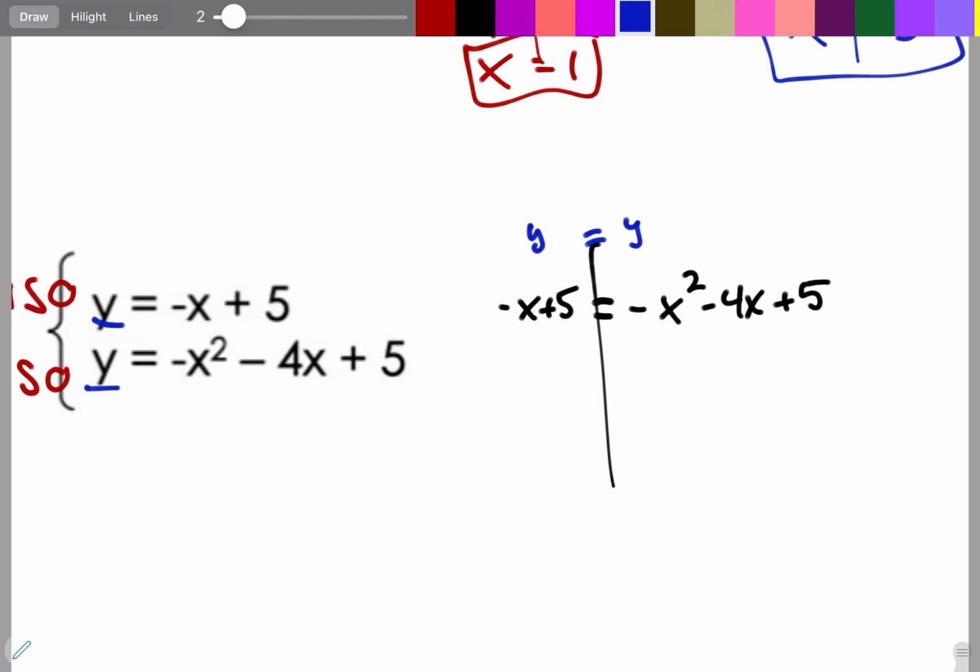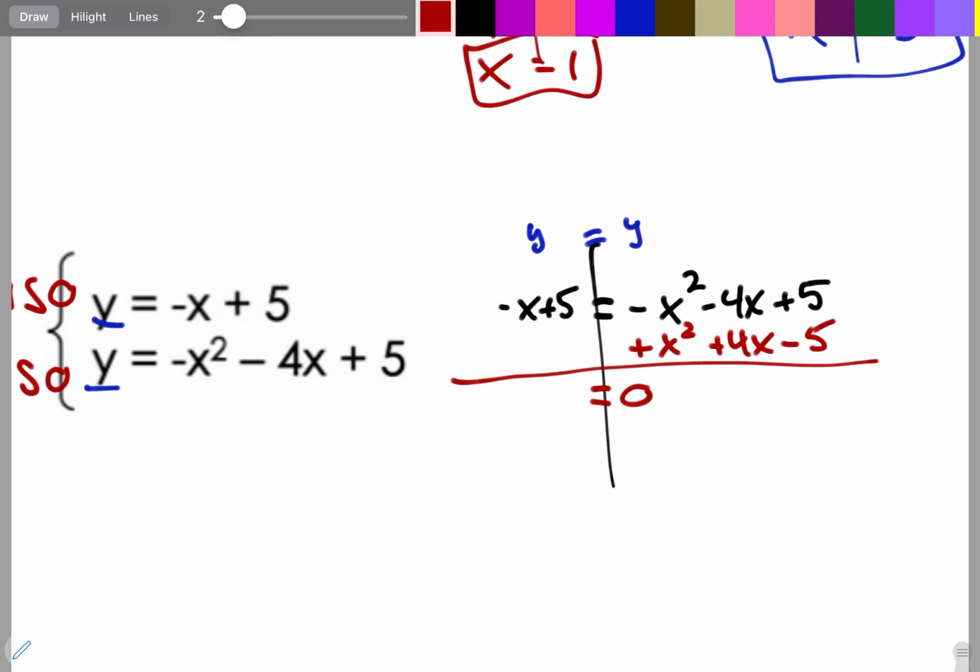Now, I want this side over here to be equal to 0. So we're going to add x squared. Now you can see why I put it over here on this side. We're going to add 4x and we're going to subtract 5. What you do to one side, you do to the other. Gone, gone, gone.